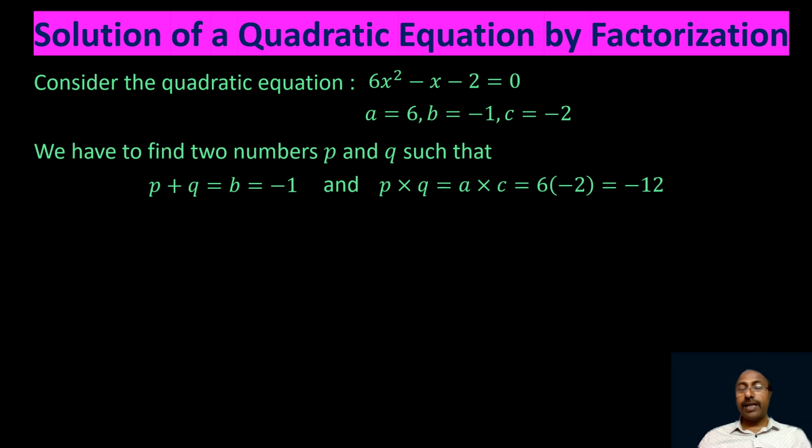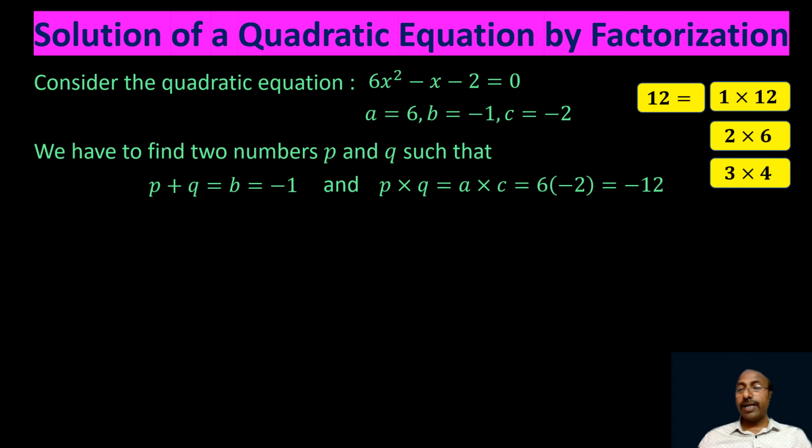So now let us factorize the value of a × c, that is 12. 12 can be written as factors of the form 1 × 12, 2 × 6, 3 × 4, or again 4 × 3, 6 × 2, and 12 × 1. So in this way 12 can be factorized as either 1 × 12 or 12 × 1, either 2 × 6 or 6 × 2, either 3 × 4 or 4 × 3.